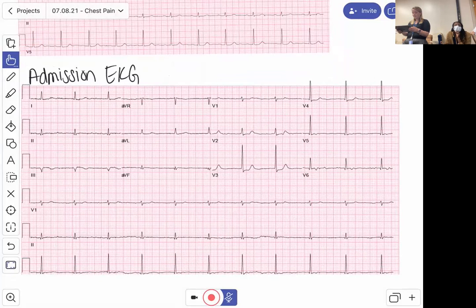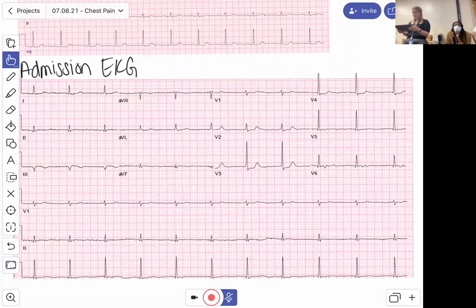He has low voltage throughout, which is... Yeah. I think this one. Is this the last EKG you have? Yeah. Okay. I feel really blind in here.